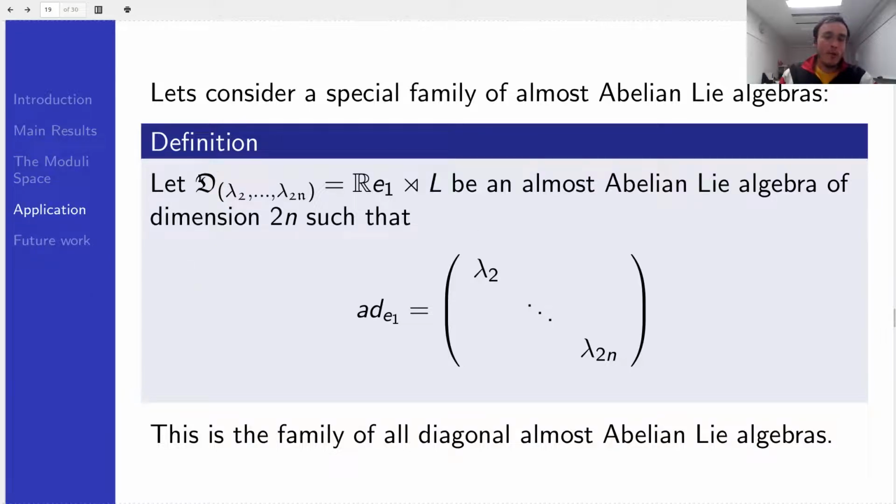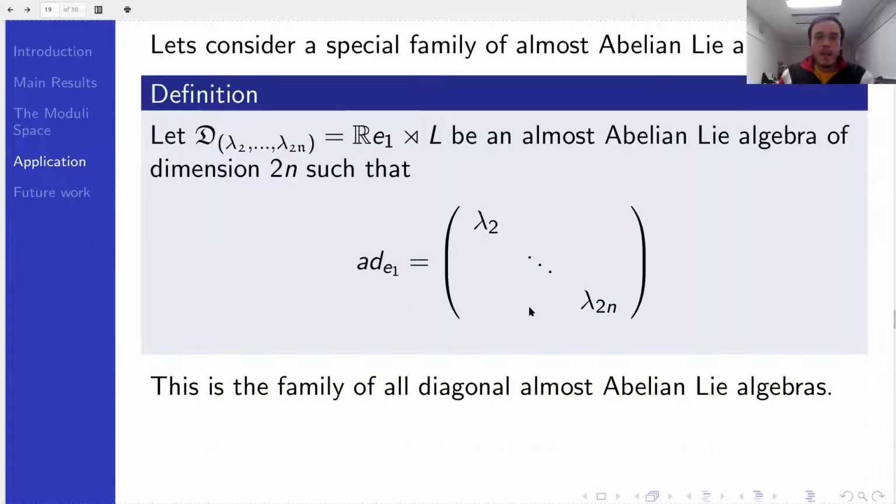So we will denote it by this. This is a special family of almost abelian Lie algebras, the ones that you can diagonalize, and we use this notation. These parameters are just referring to the parameters in this map here. So maybe we can use the same strategy for this family.